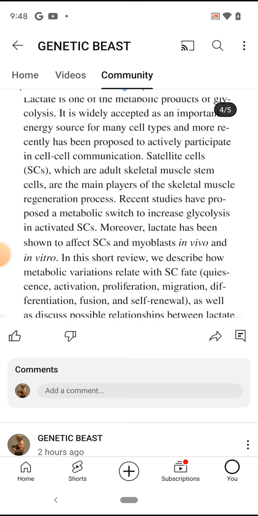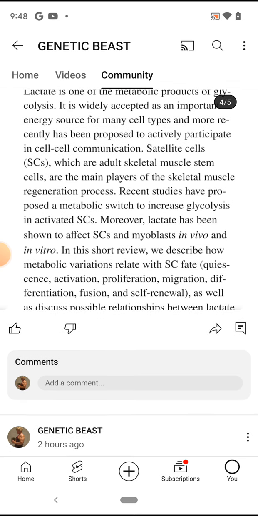Satellite cells, which are adult skeletal stem cells, are the main players of the skeletal muscle regeneration process. Yeah, it regenerates muscles, yes. Recent studies have proposed a metabolic switch to increase glycolysis in activated SCs. Moreover, lactate has been shown to affect SCs and myoblasts in vivo.